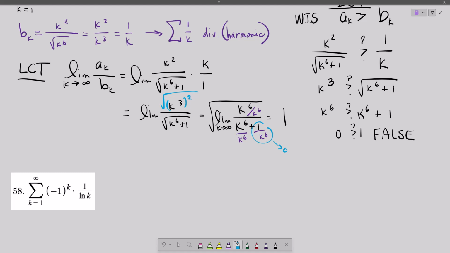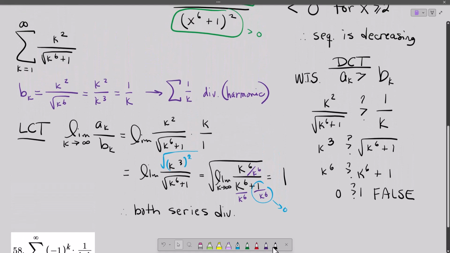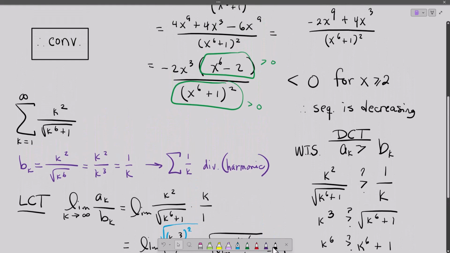Okay, so limit comparison test says if the limit exists, both series do the same thing. So this limit exists, it's a number, it's not infinity. So therefore, both series diverge. Both series diverge. So it's conditional convergence.